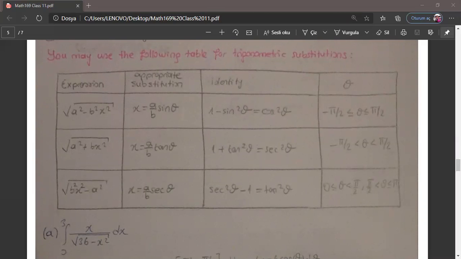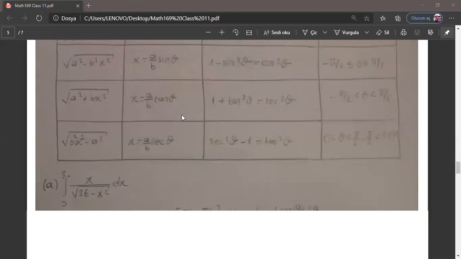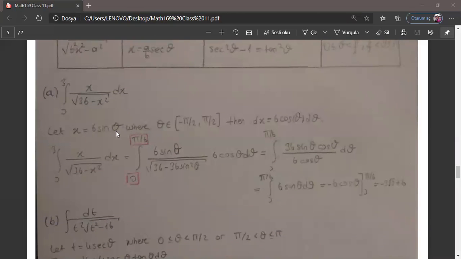The square of 6 is 36, so a is equal to 6 and b is equal to 1. So here, what do we have? The table says that you need to substitute x equals 6 sine theta, okay? So as the table says, we substitute this one.